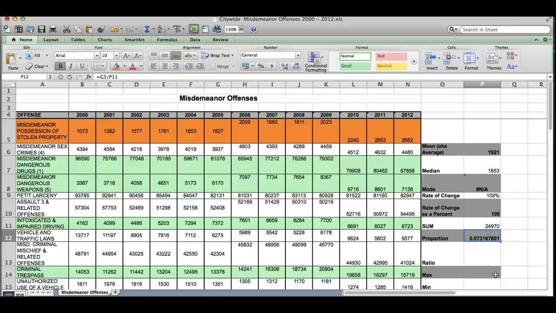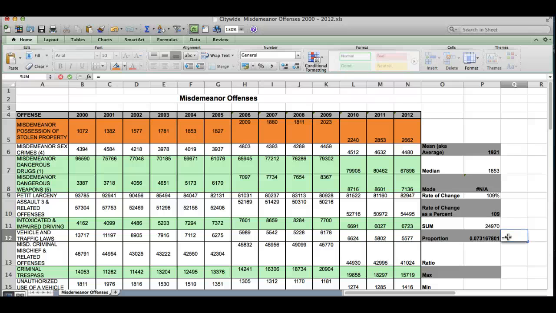You could, if you wanted to, do this as a percent. So let's say you want to say what percent of stolen property offenses were reported for 2005 across all incidents of stolen property offenses between 2000 and 2012.